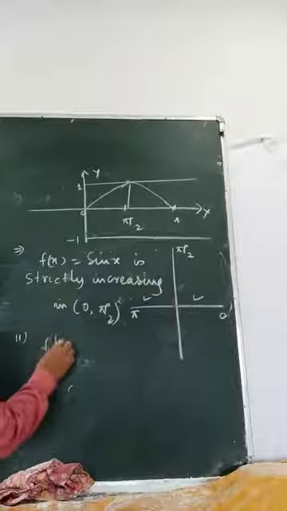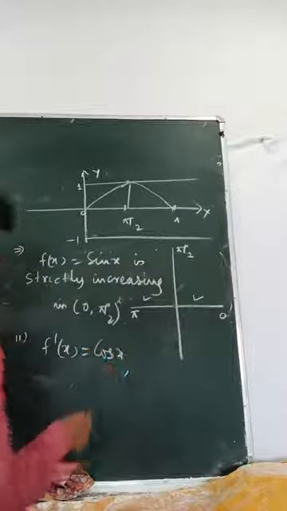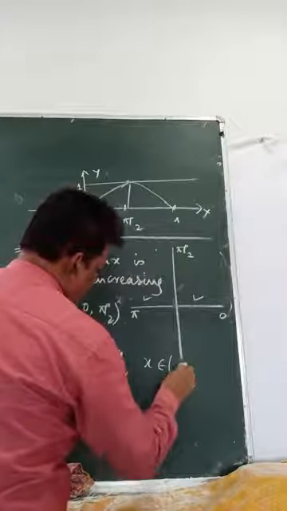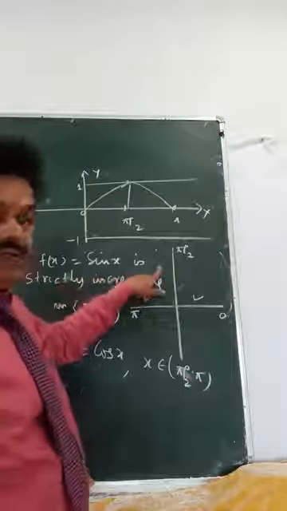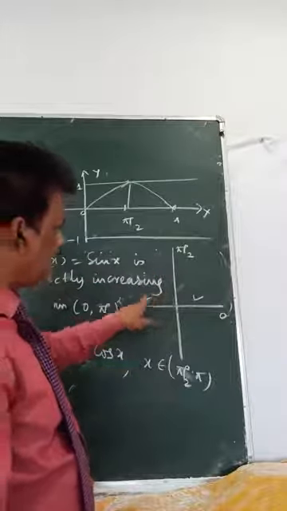Your f dash x equals cos x. Now x belongs to pi by 2 to pi. That means you are back in the second quadrant. In the second quadrant, cos is negative.